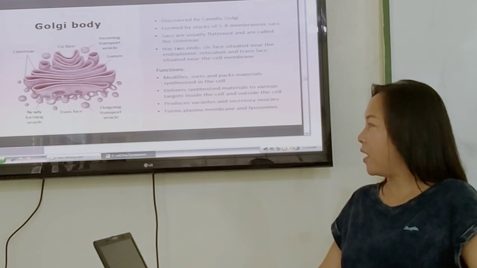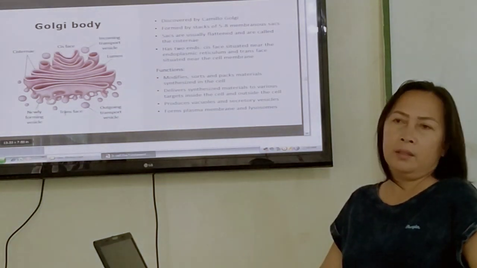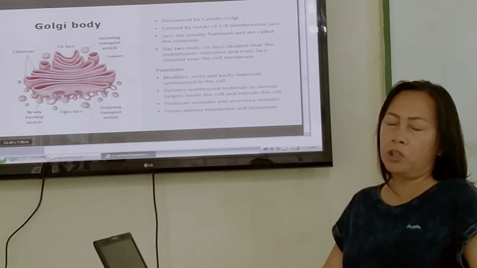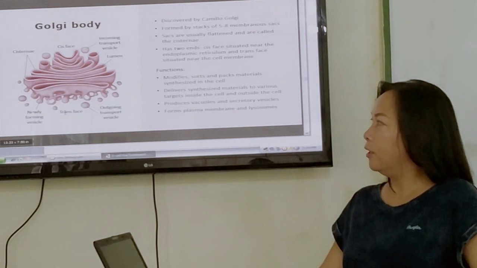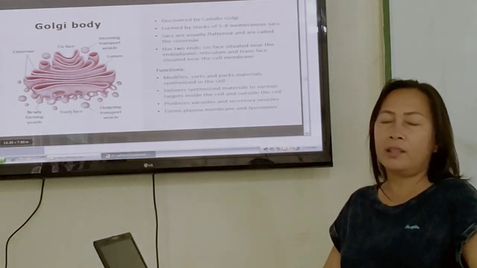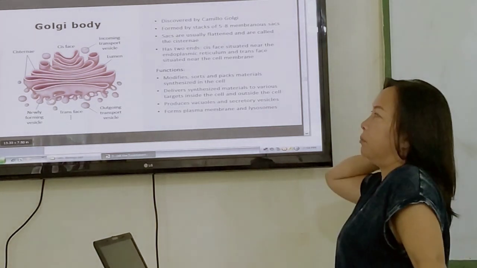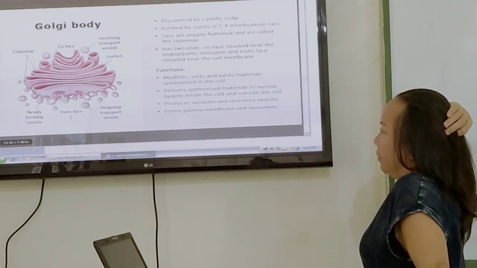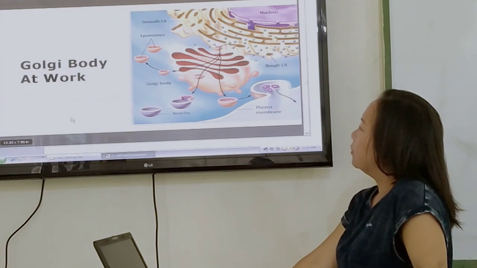And the trans face receives matured proteins which are about to be packed or sorted, which will be distributed to the different parts of the cell, or maybe to different parts of the body. Okay? So that's the role of the Golgi.